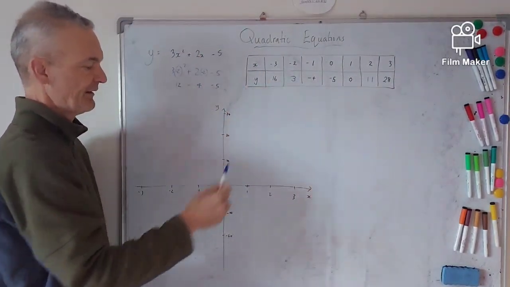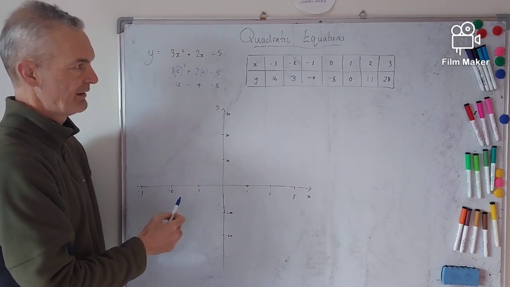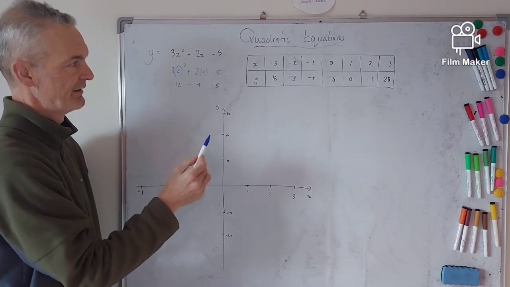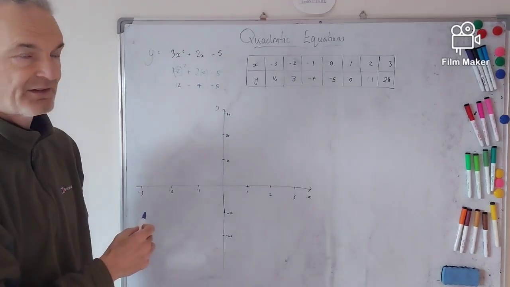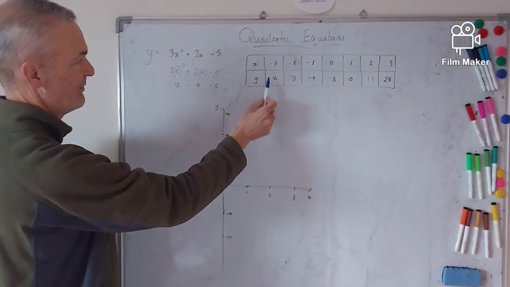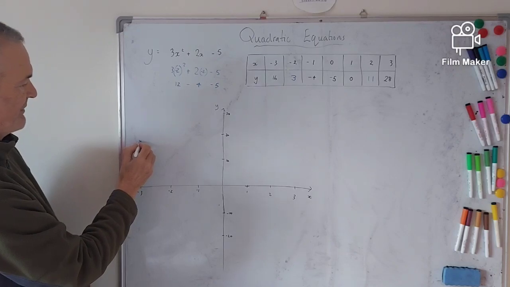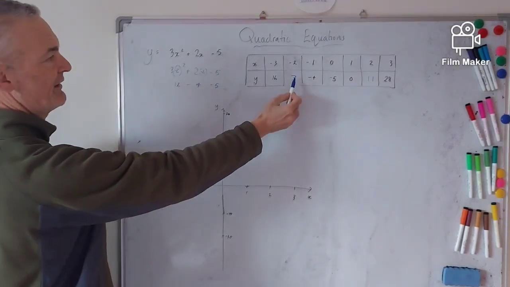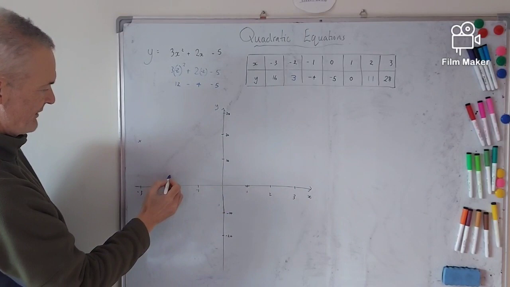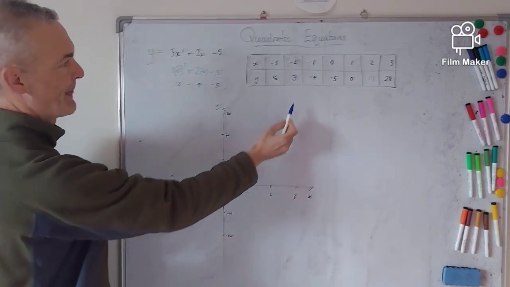Now you're just going to use this table to plot your curve. Okay, so I'll do this as best as I can here. So we've got minus 3, 16. So minus 3 and 16 is going to be about there. And we've got minus 2 and 3. It's going to be about there.